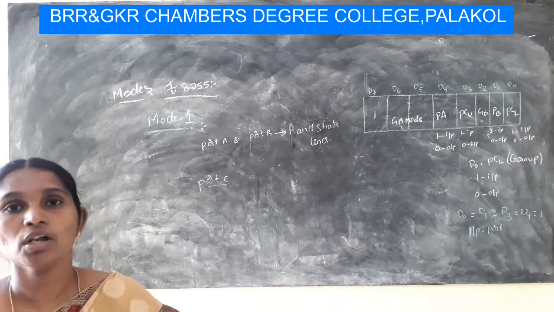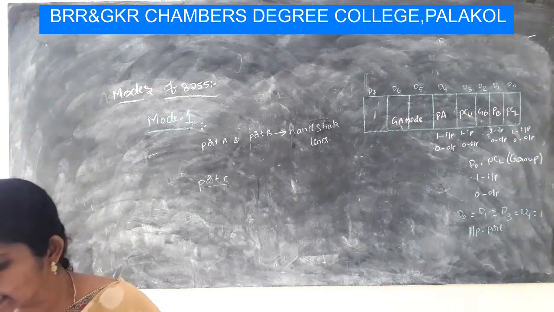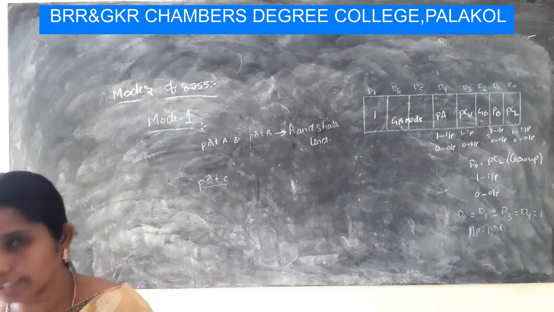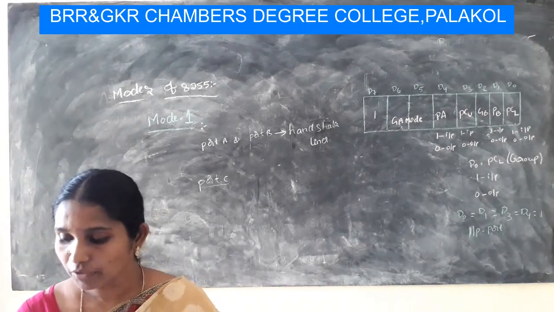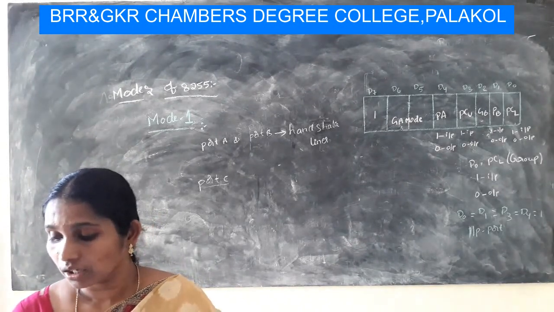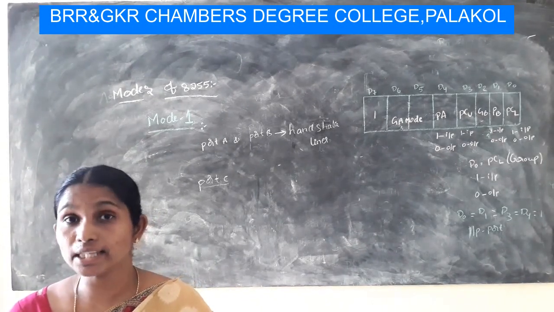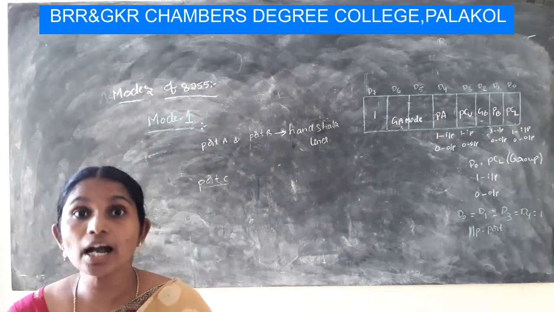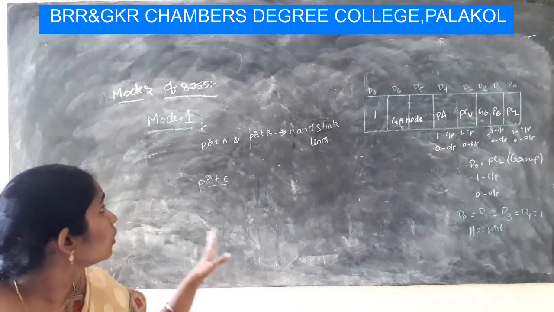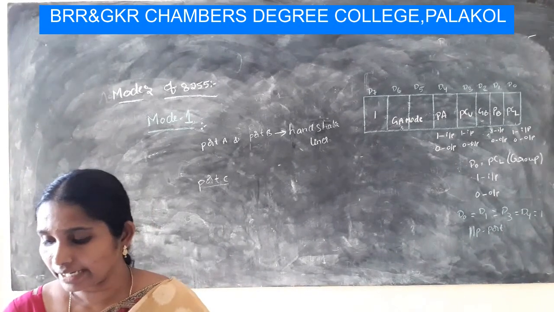So mode 1 has some important features. The two ports, port A and port B, can be used as 8-bit IO ports.